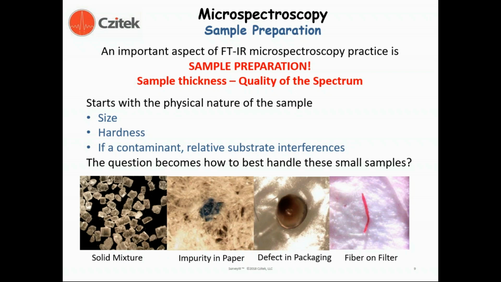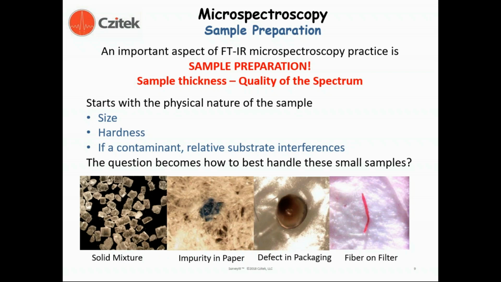It is a common issue that samples can be optically thick, bands can be totally absorbing, and therefore limited in your ability to actually determine chemical composition. So we want to make sure that we present a sample or measurement that has appropriate thickness.